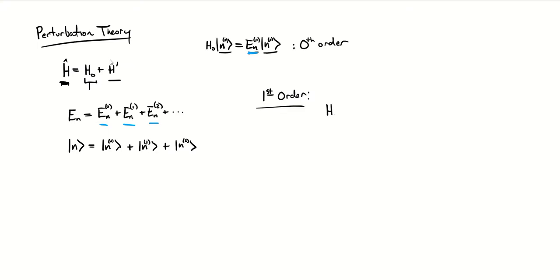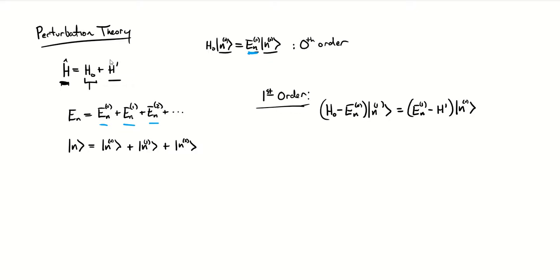This ended up being H naught minus En^(0) acting on the first order correction to that energy eigenstate is equal to the first order correction to that energy eigenvalue minus that perturbation Hamiltonian acting on our zeroth order states. And this was what perturbation theory gave us for our first order equation.